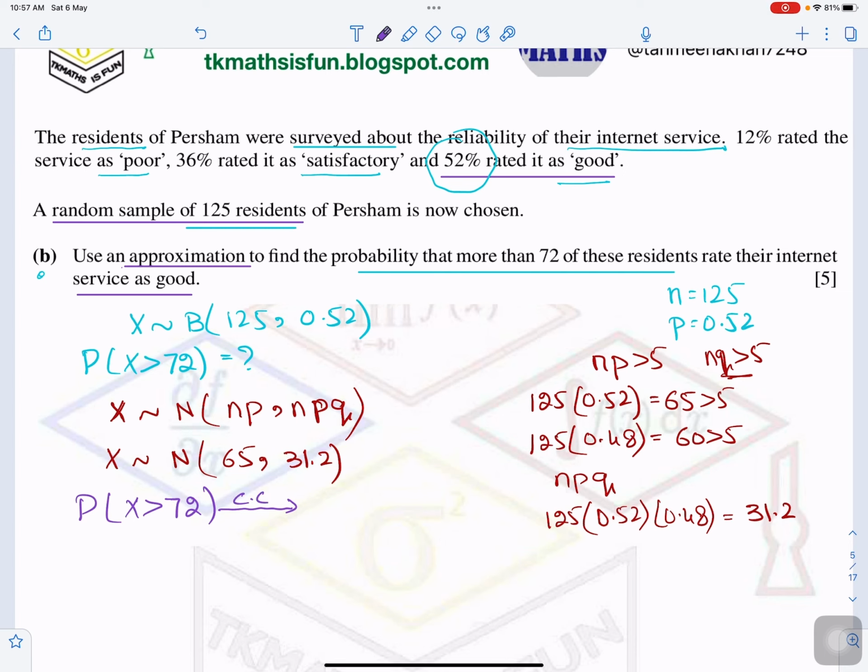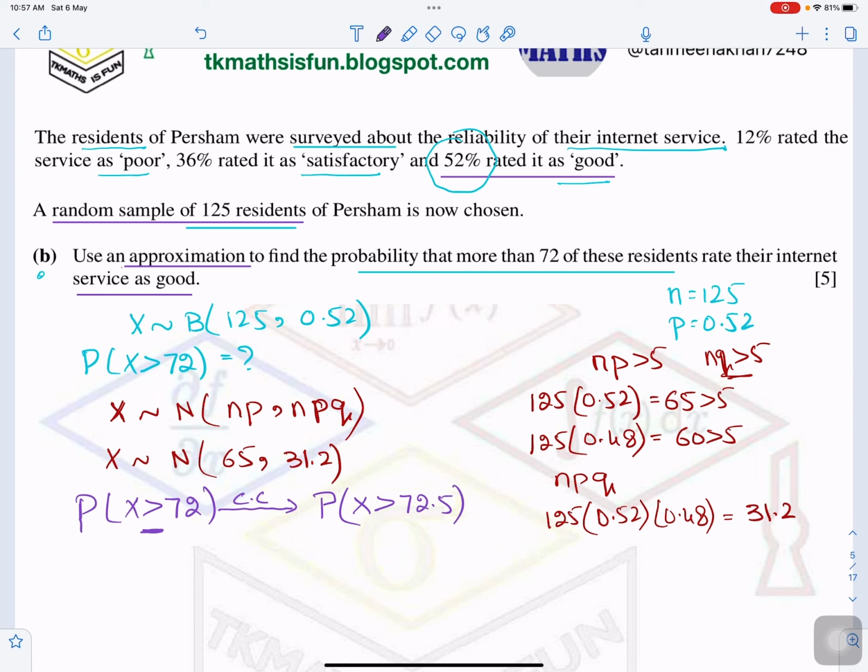To change discrete data into continuous data, we either add 0.5 or subtract 0.5, depending on what is given. There is no equal to sign here, it is only x greater than. It means 72 I do not have to include. So I will add 0.5, and it will become x greater than 72.5.